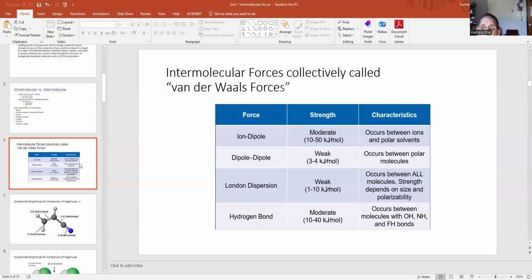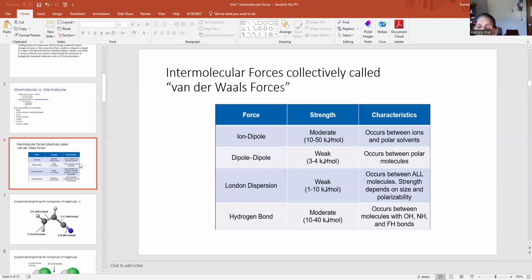Dipole-dipole is a weak intermolecular force, has a strength between 3 and 4 kilojoules per mole, and occurs between polar molecules. The London dispersion force, or LDF, is weak, ranging between 1 and 10 kilojoules per mole, and occurs between all molecules.